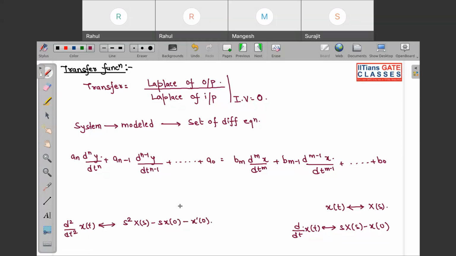We will have Laplace transforms like this. These values x(0), x dash (0) are all initial values.